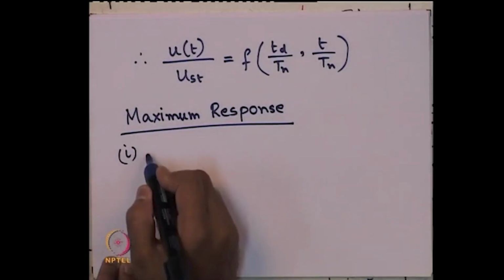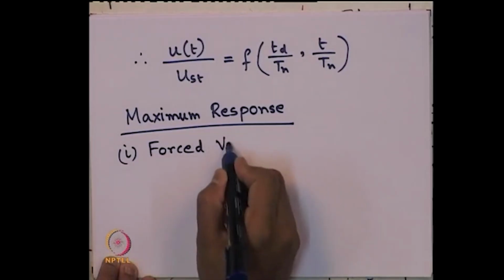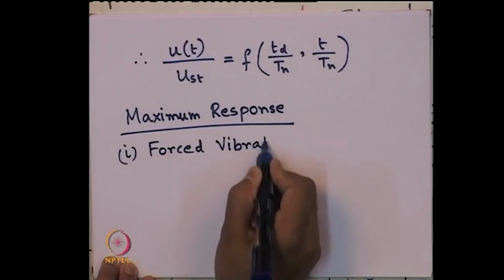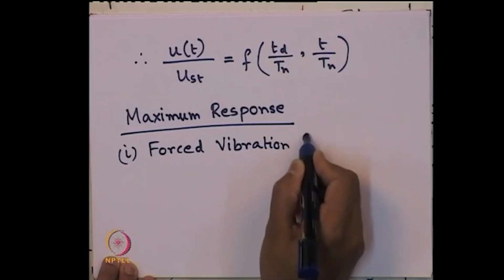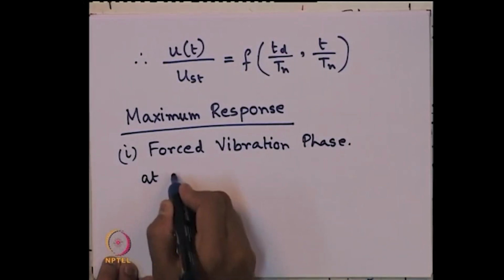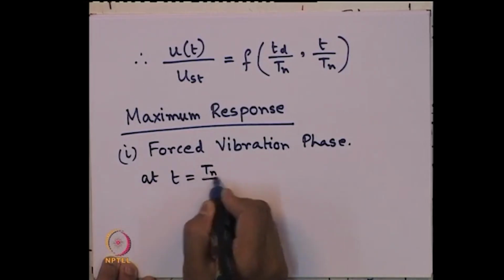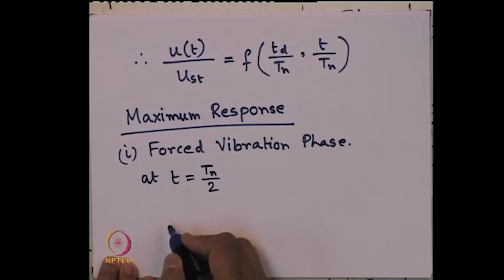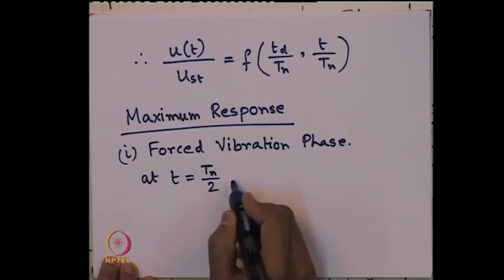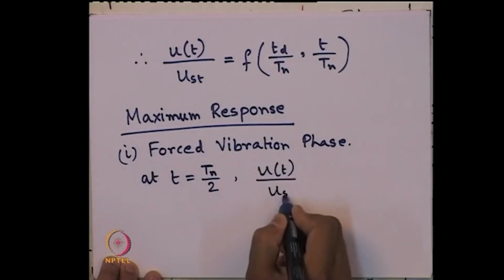So, in the forced vibration phase, that is the first phase, if we look at T equals Tn by 2, that means if our time is equal to Tn by 2, then what will be the value of ut by ust?